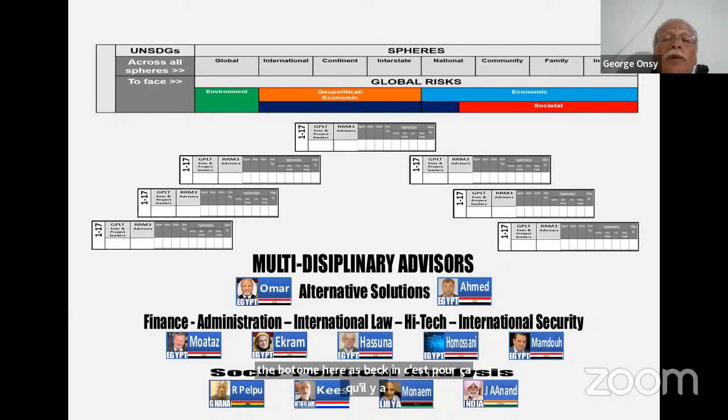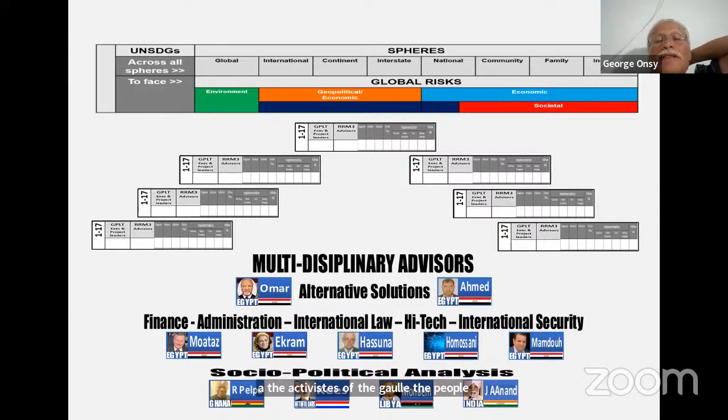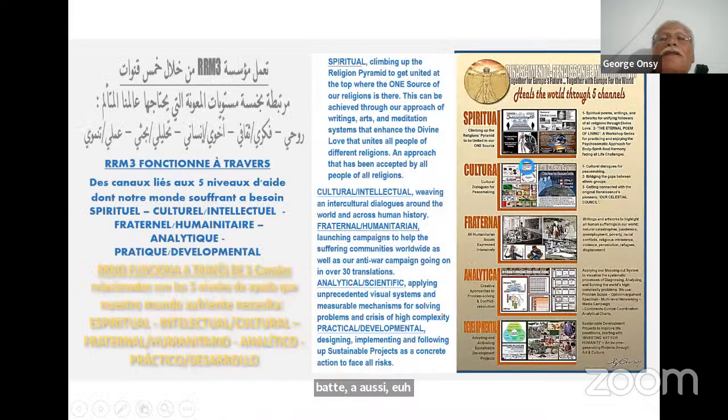They are to support the activists of the goals, the people who work with the UN SDG goals. But as you see, how about the rest of the people?